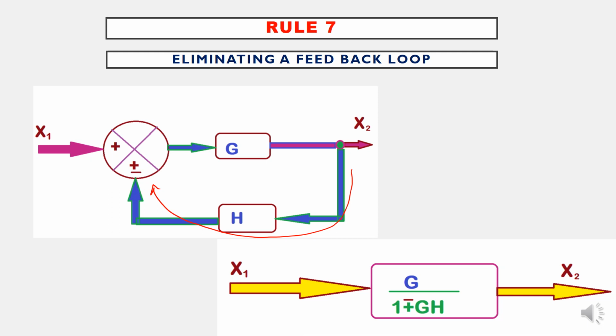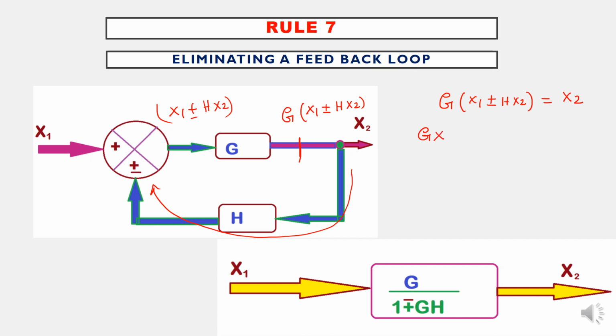X1 plus or minus H into X2 is given to G. So what is the resultant value here? G into X1 plus or minus H into X2. Now G times X1 plus or minus H X2 is equal to X2. Both are equal.